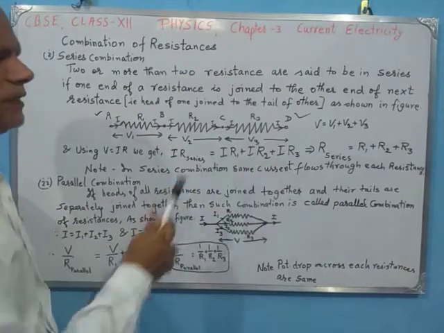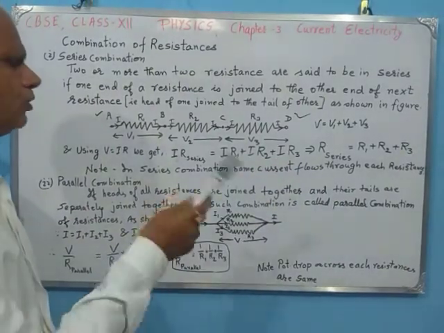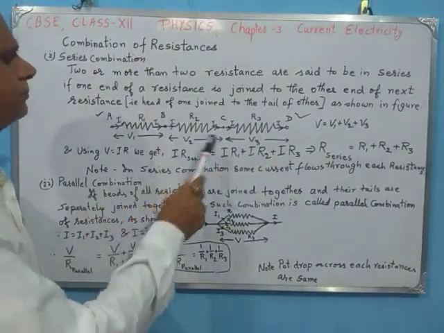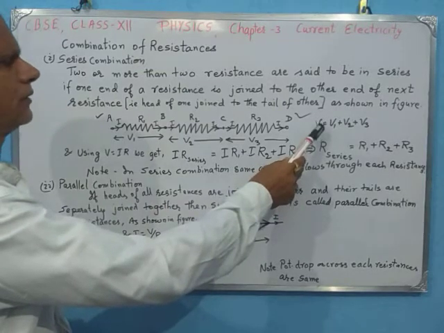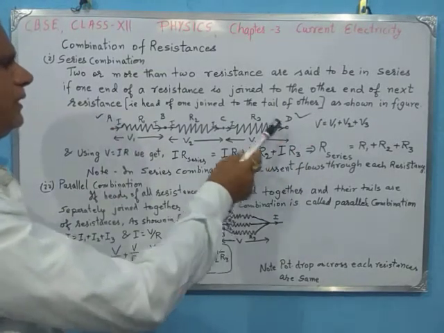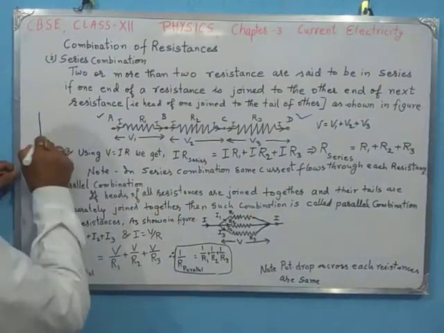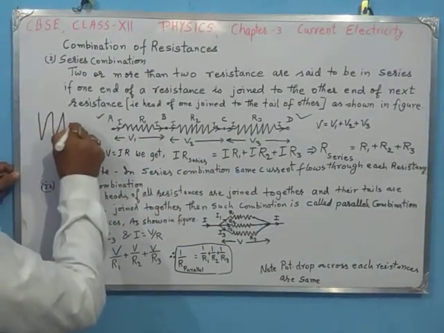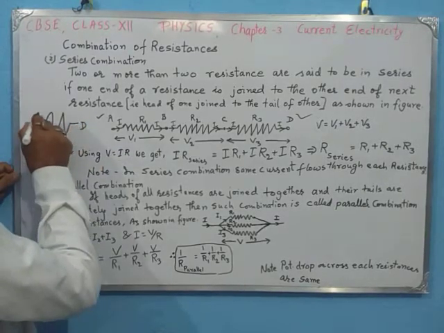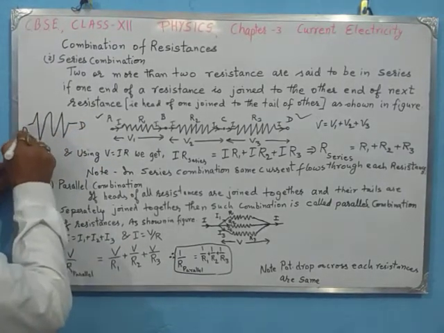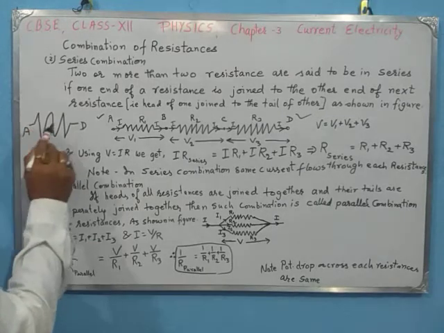Now, using the relation V is equal to IR, the Ohm's law, we can have the total potential drop across AD if this could be taken as an equivalent resistance. Let us say this is an equivalent resistance, and we have to find the resistance across AD.